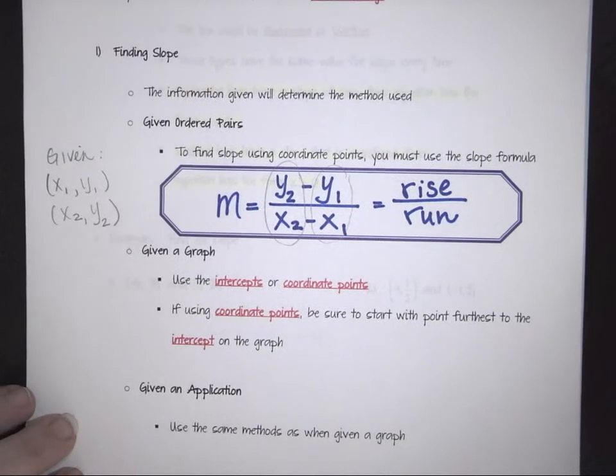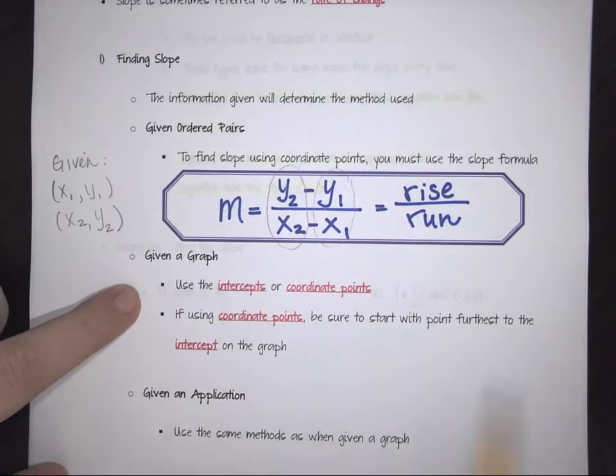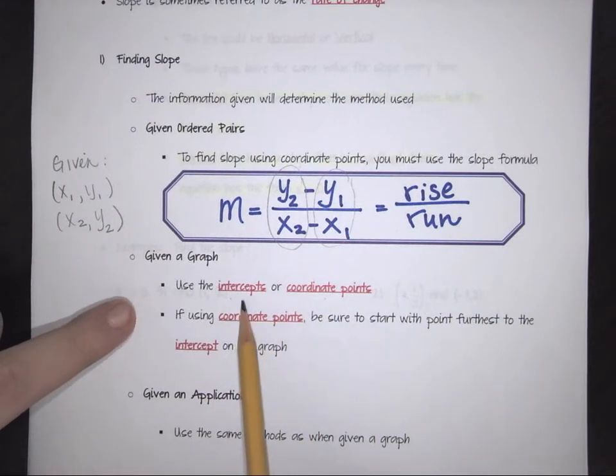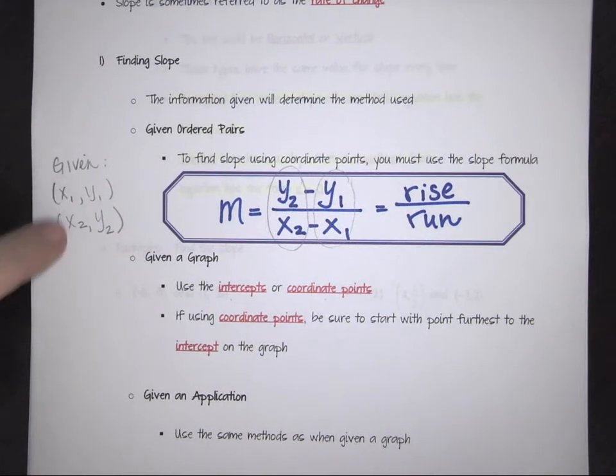Now, another thing that you could be given is a graph. If you're given a graph, you're going to use your intercepts or your coordinate points in order to do it. So you either are plucking those directly off of the graph. Remember, you need 2 points because you have to have 2 points in order to find your slope.